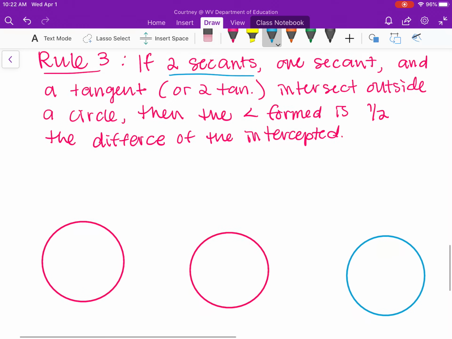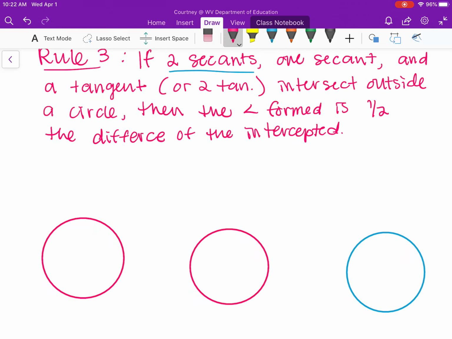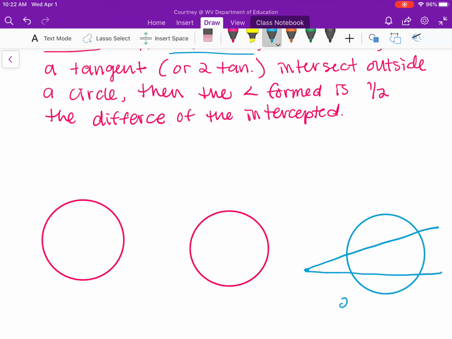Our first case is 2 secants. Say we have a point here, a secant line here and a secant line here. So this is with 2 secants.